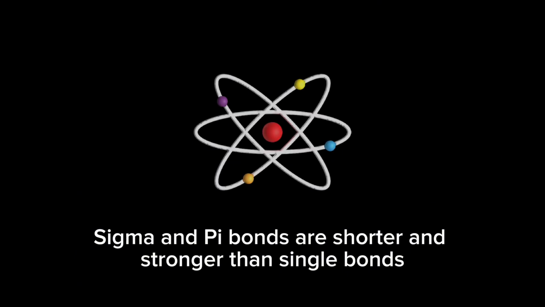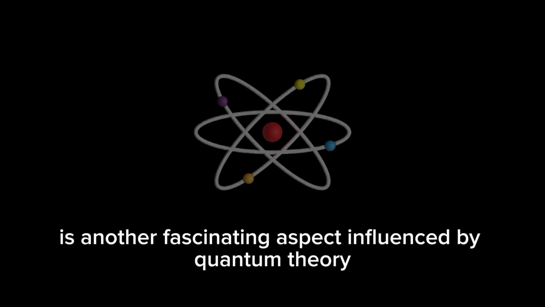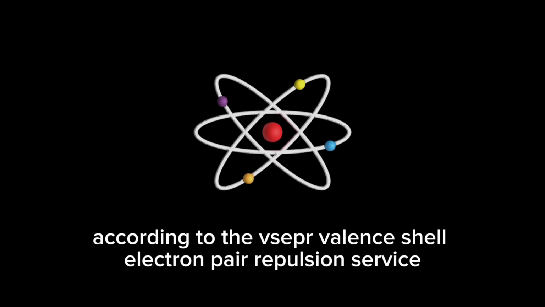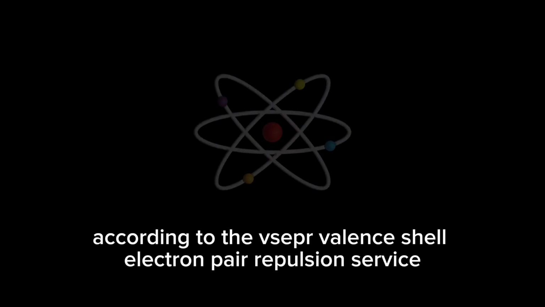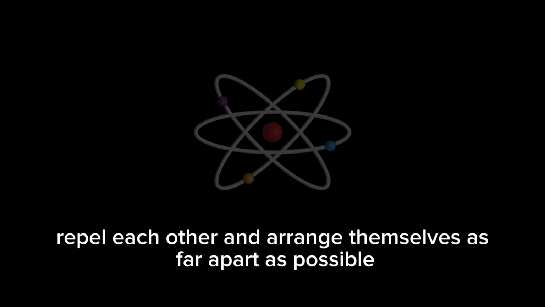Molecular geometry, or the shape of molecules, is another fascinating aspect influenced by quantum theory. According to VSEPR, valence shell electron pair repulsion theory, electron pairs around the central atom repel each other and arrange themselves as far apart as possible.